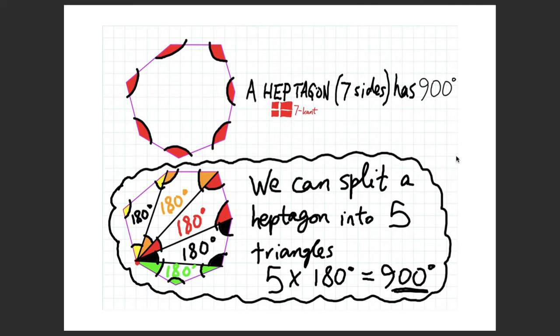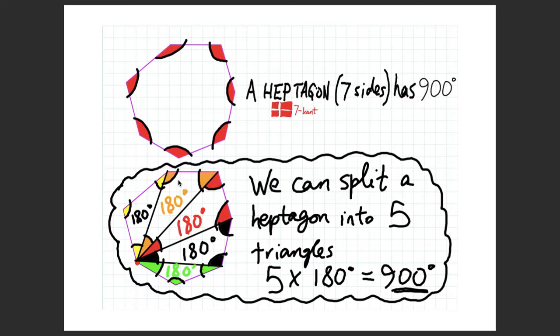Then here's one more example, a heptagon. So this time it's got 7 sides. So it's got one more side than before. And because it's got one more side than before, we can make an extra triangle out of it. So again, starting at a point, just making triangles radiating out from that point.